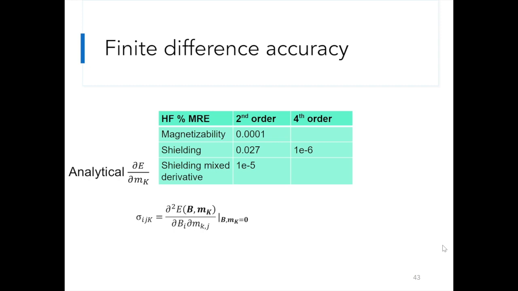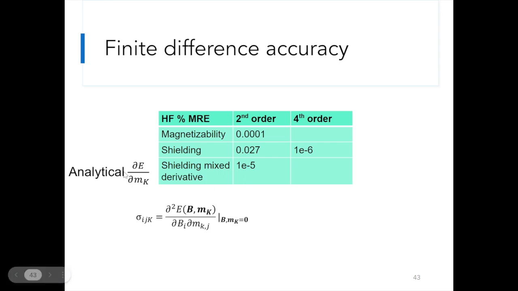Right. And a bit of new development here. We recently implemented the analytical first derivative of energy with respect to the nuclear spin. This goes back to the earlier slide where we showed that for variational methods, calculating first-order properties is really simple.